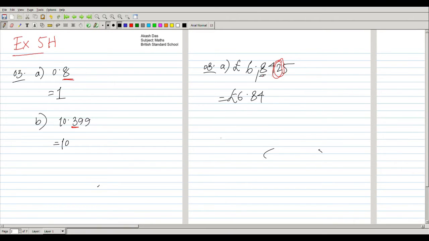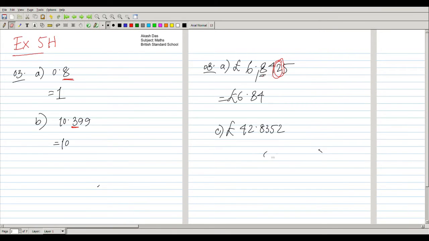All right, so let's see another one. Let's do number C, for example. 42.8352.